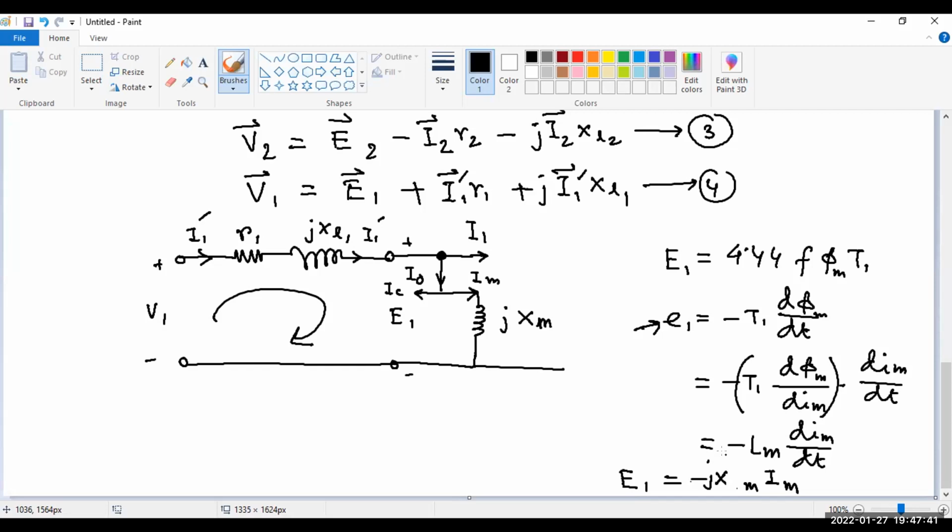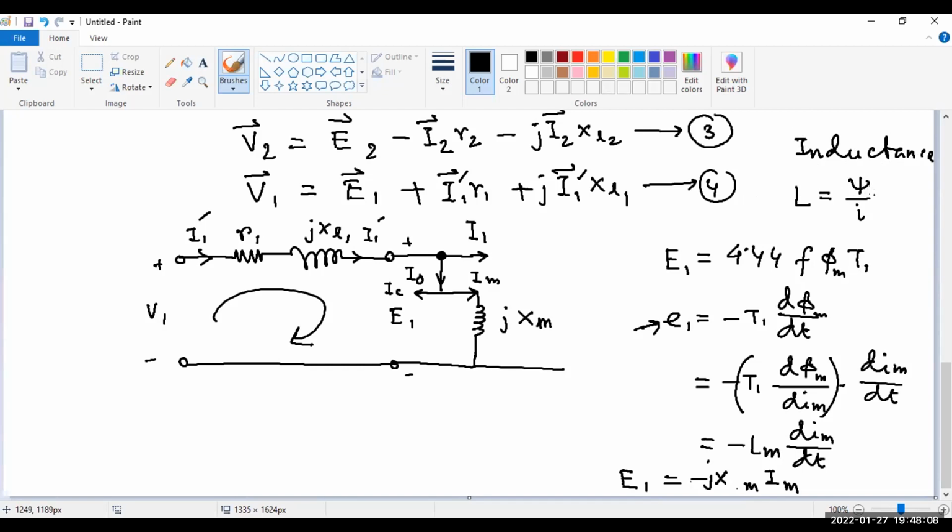And what is that L? For that you should know the definition of inductance. So this should be clear to you. What is inductance? Inductance, L, is defined as ψ by I. So what is ψ? ψ is the flux linkage, not flux.